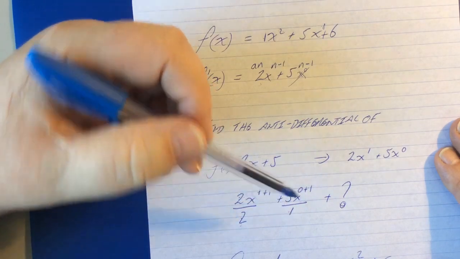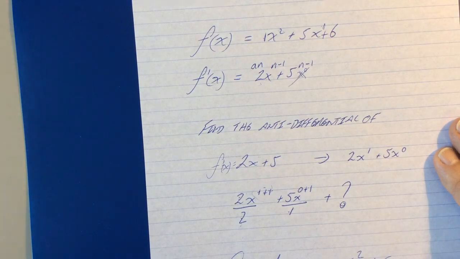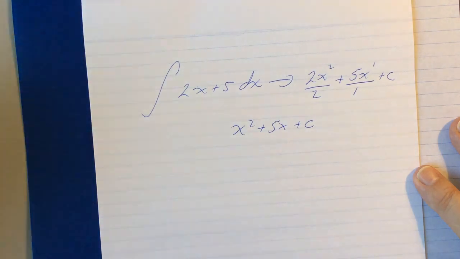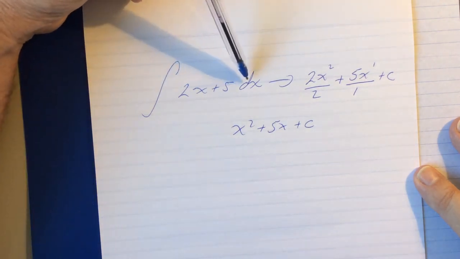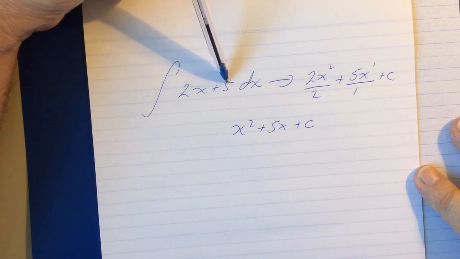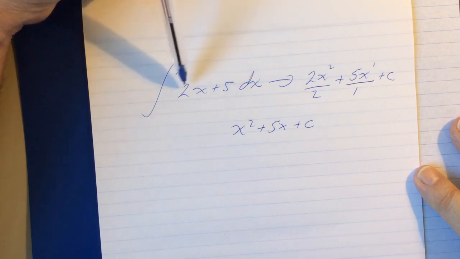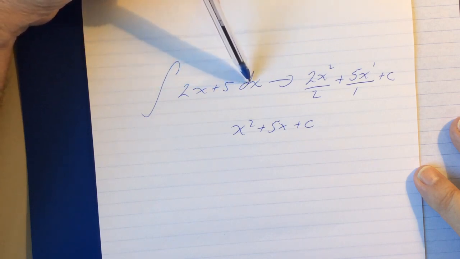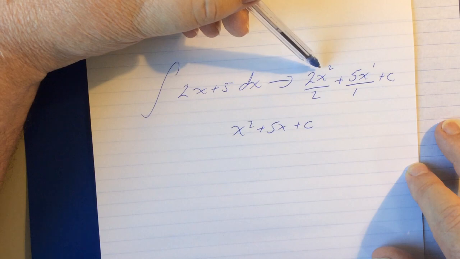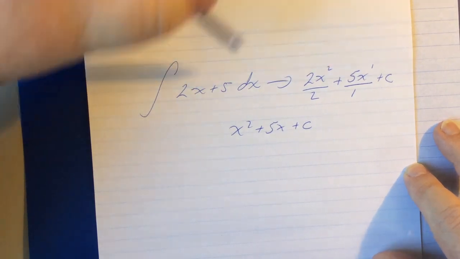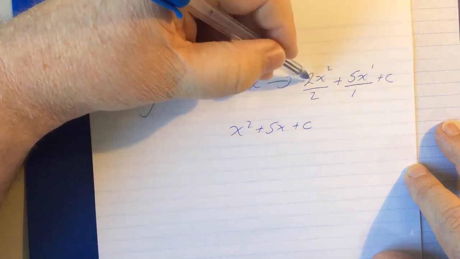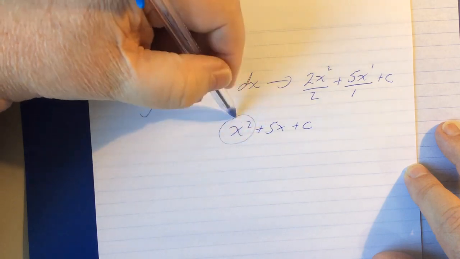Okay, now let's have a look at the language of this. The instruction for this might look like this. So 2x plus 5 is the differential, and this is how we are instructed to integrate it or to anti-differentiate it. What we've done is we've added 1 here and we've divided by 2, which gets us back to this.